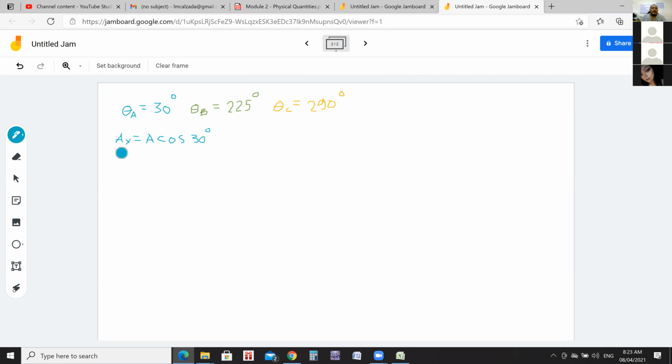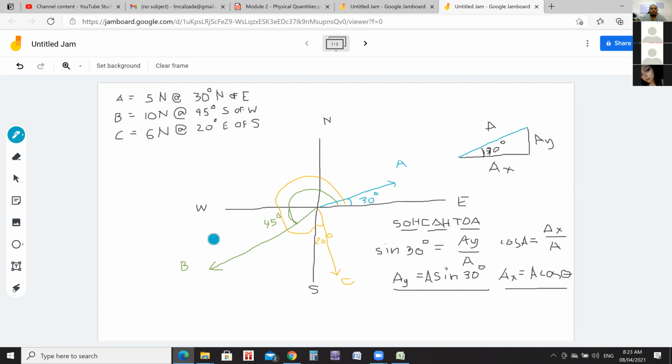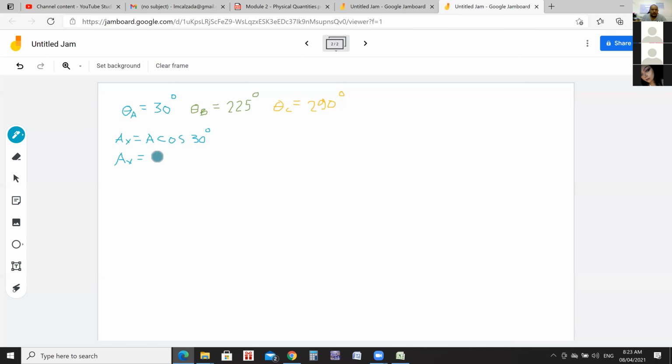Okay? Or we have AX is equals to, pila to ang A? Ang A, pila to? 5. 5 cosine of 30 degrees.